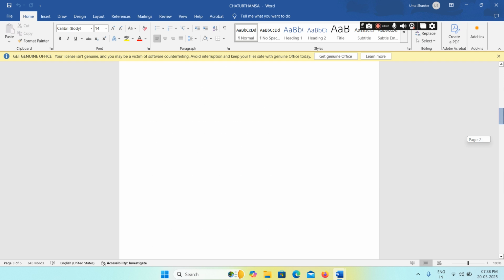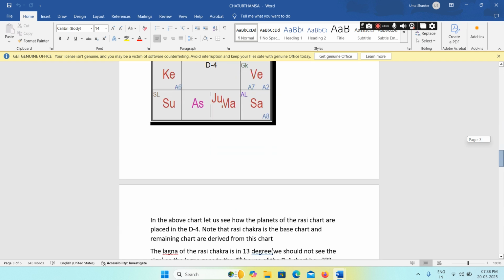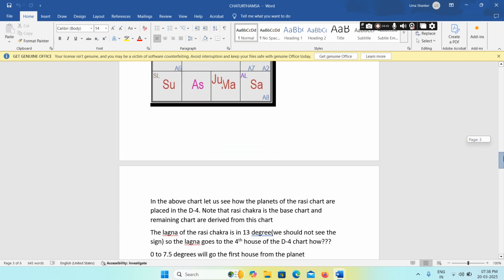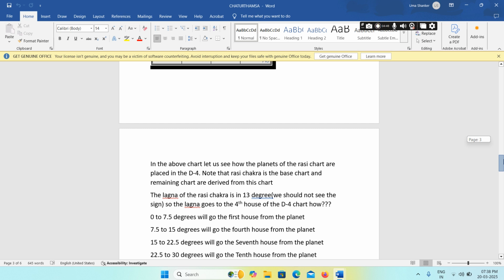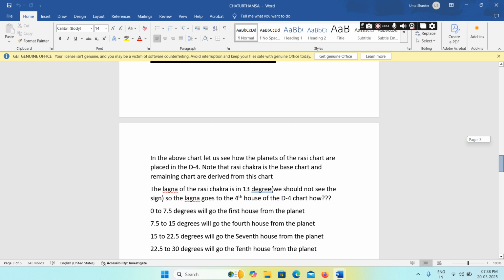So what does it say? If the Lagna of the Rashi Chakra is falling in the 13th degree, leave the sign, take only the degrees. If it is falling between 7.5 and 15, which is the second part of the Chaturthamsa, then we have to place this Lagna in the fourth house.